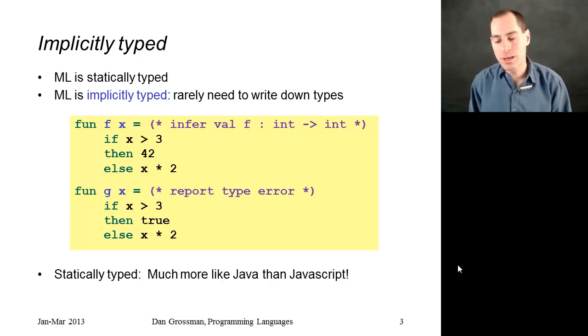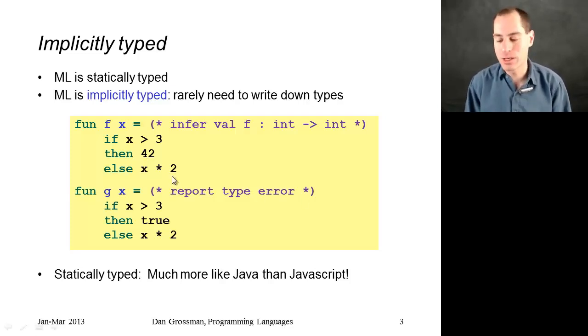So just because ML is implicitly typed, it can sometimes be confusing to remember that it is statically typed. In this first function here, f, the two variables f and x both have a type. F has type int arrow int, x has type int, and they're just as statically typed as if this were Java or C, where we have to write down the types of all of our variables when we introduce them.